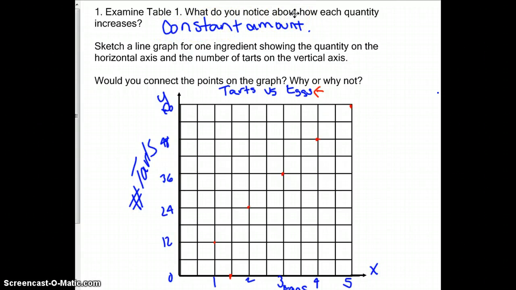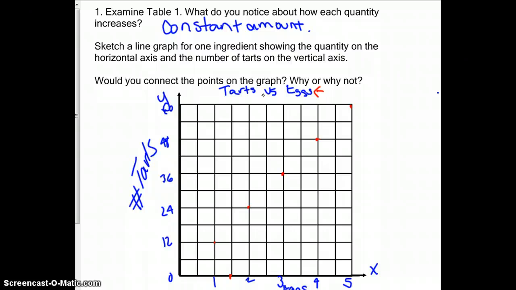When you start to graph this, we're going to put the eggs on the horizontal or the x-axis and the tarts on the vertical or the y-axis. Remember that you always need to label your axes and put a title on them. You also need a title for your graph. It's always safe to go your y variable title versus your x variable title.